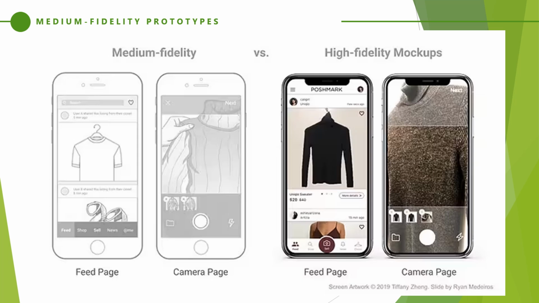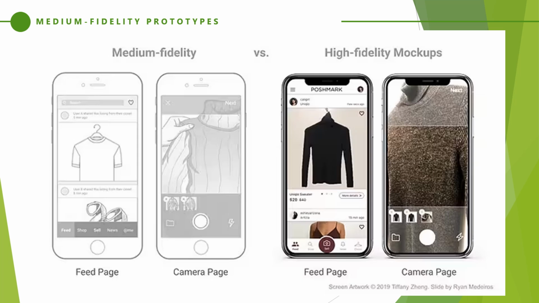Okay, so now that we've talked about high fidelity prototypes, which again are more detailed, I want you to look at this example here of comparing a medium to a high fidelity prototype. So the high fidelity prototype, again, is going to have more of the look and the feel of the final product.